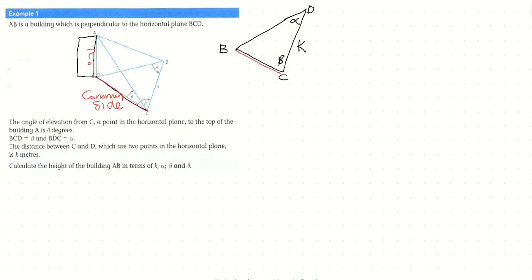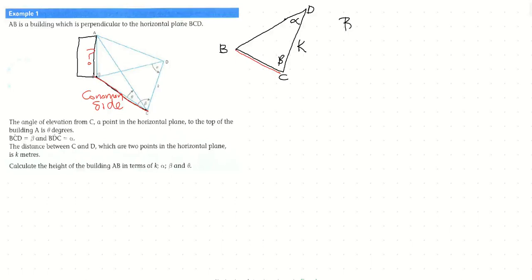So I've just drawn this triangle out separately so that you can see it. I need to know what the height of AB is, and BC is the common side for this triangle and for that triangle. So if we're looking at this triangle, I'm going to use the sine rule. Please excuse my 2-year-old drawings, because I'm still not used to drawing on anything, but we know that we're going to put our unknown side first.